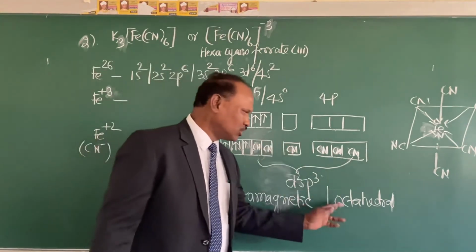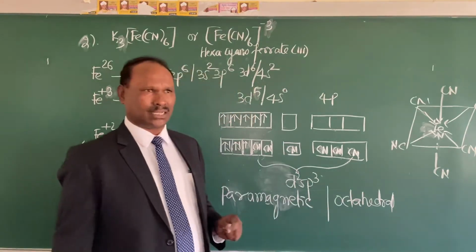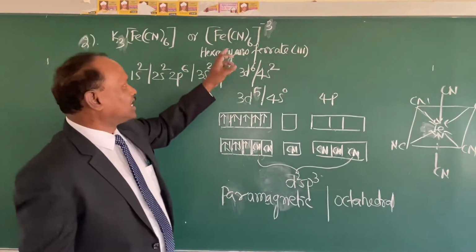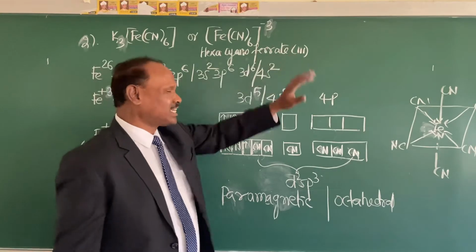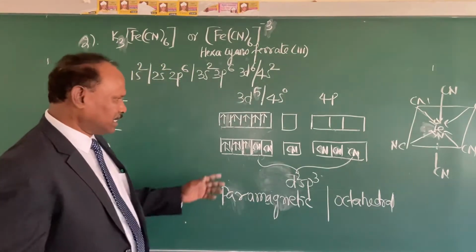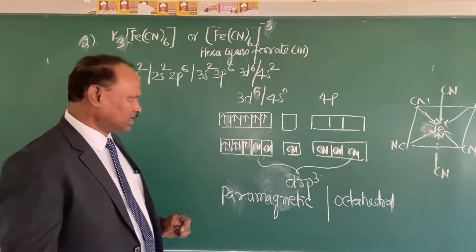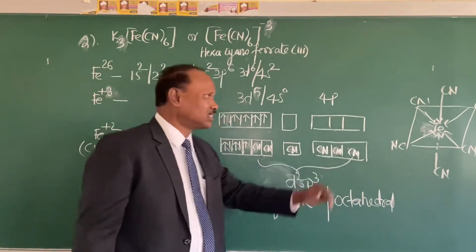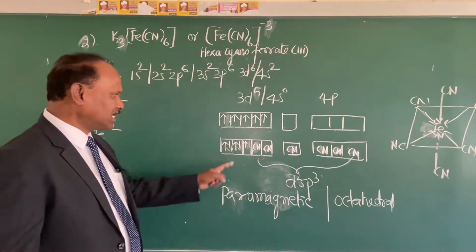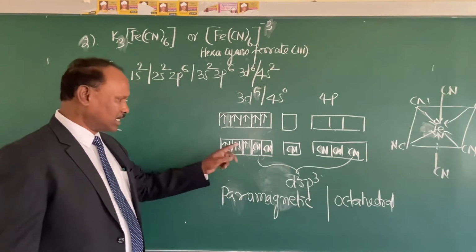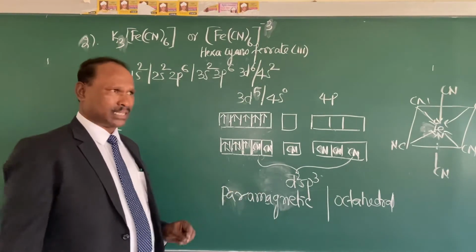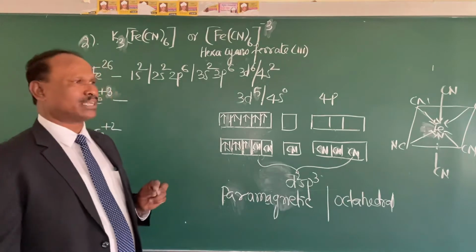And once again, the geometry is octahedral. So this hexacyanoferrate(III) complex ion also undergoes d2sp3 hybridization. It has octahedral geometry, but the only thing is it has 1 unpaired electron. Therefore, it is paramagnetic.